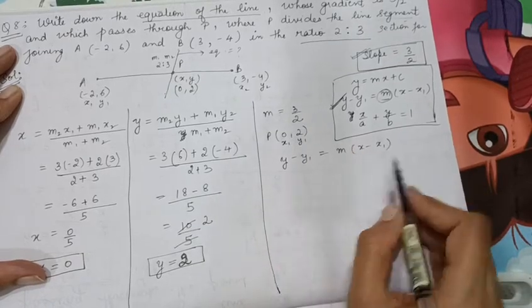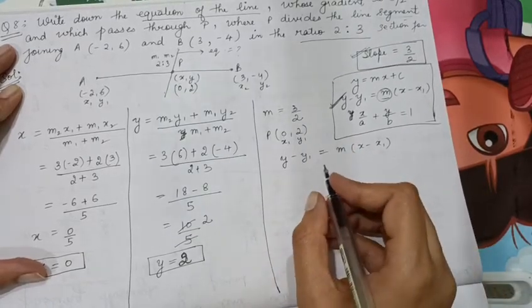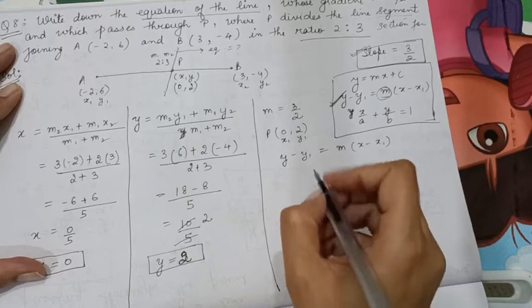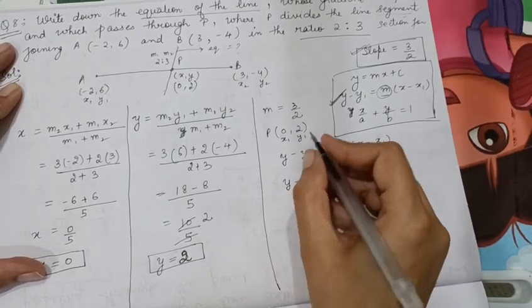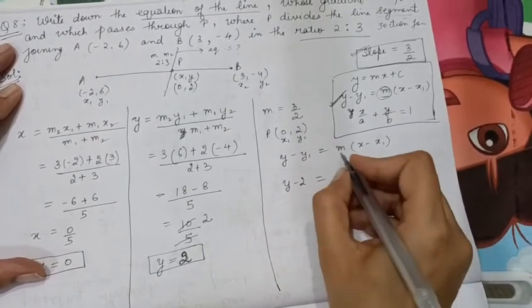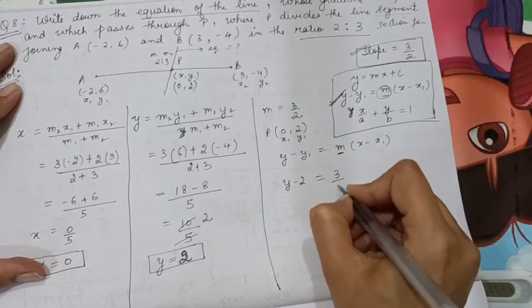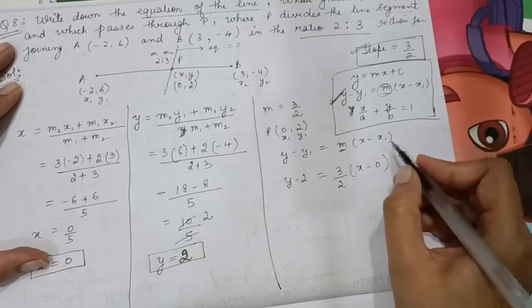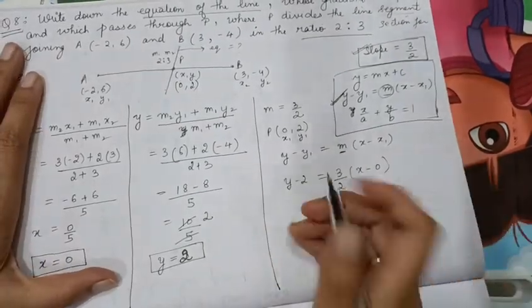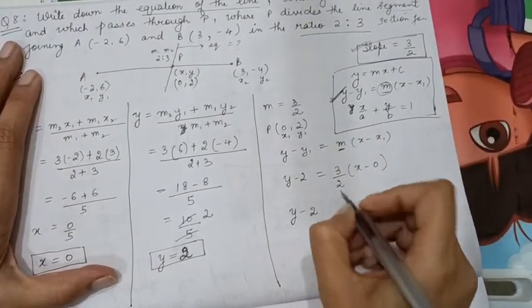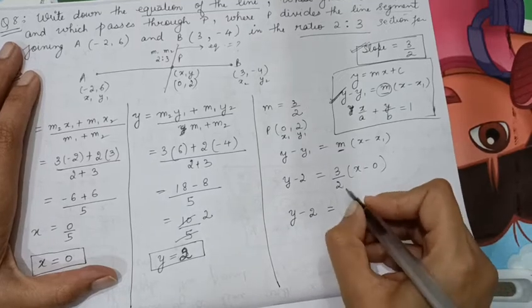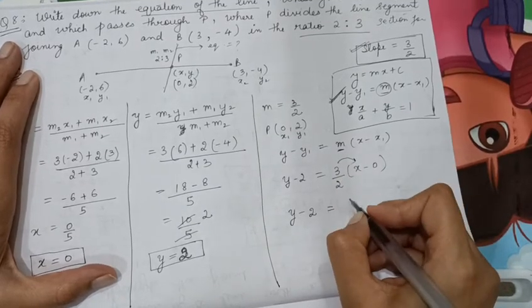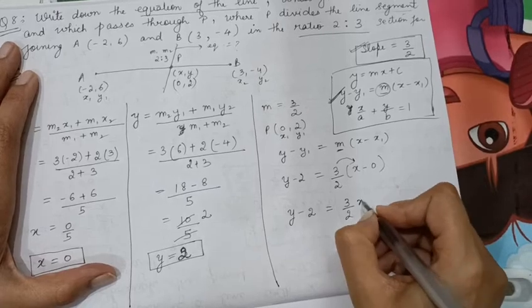So we substitute these to get the equation of the required line. y minus y1, where y1 is 2, equals m, which is 3 by 2, times x minus x1, so x minus 0, as x1's value is 0.